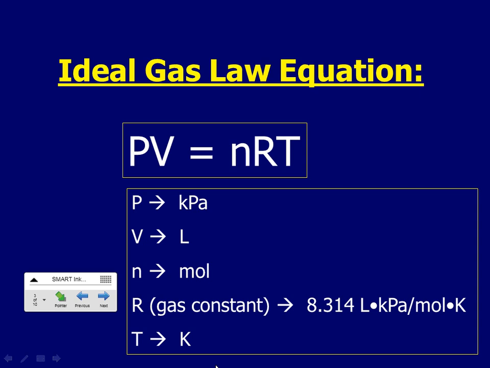It's usually an intermolecular force, right? It's usually some kind of attraction of electrons and protons. This equation does not take into account any attractive or even repulsive forces that could exist between particles. And that's what an ideal gas is. We assume the particles behave as if they're just individual particles that go on their way, they don't attract each other, they bounce off of each other, and that's it, okay?